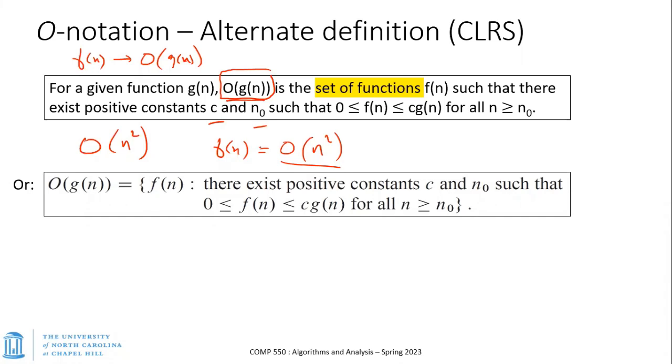And here's a more formal way of saying the same thing. The big O of g of n, for some given function g of n, is equal to the set of functions such that there exist positive constants C and n naught, such that this particular condition is satisfied. So the big O is actually a whole set of functions.